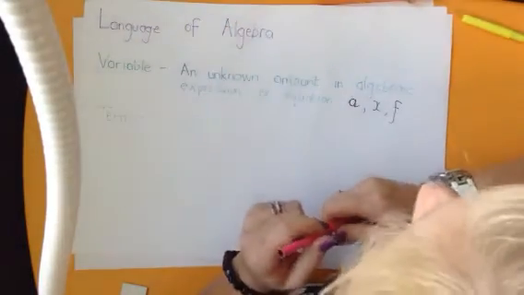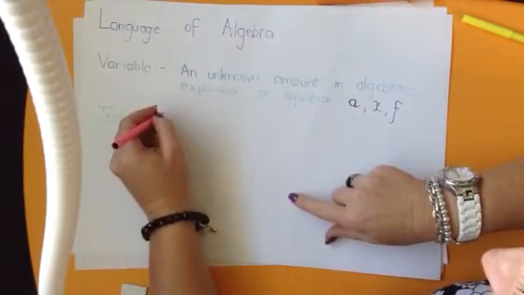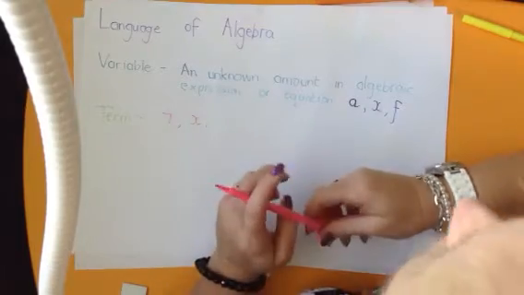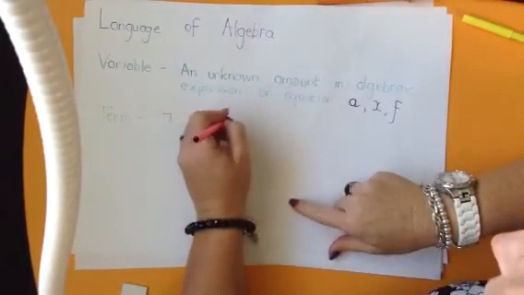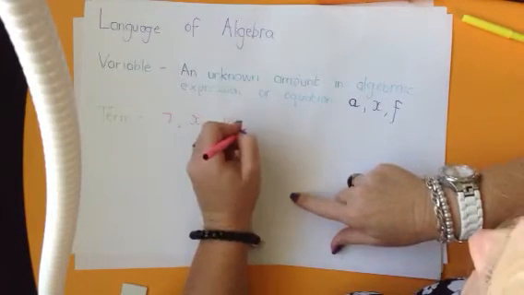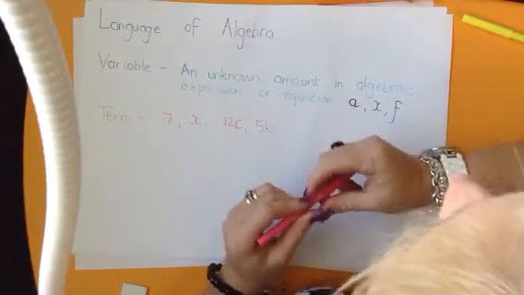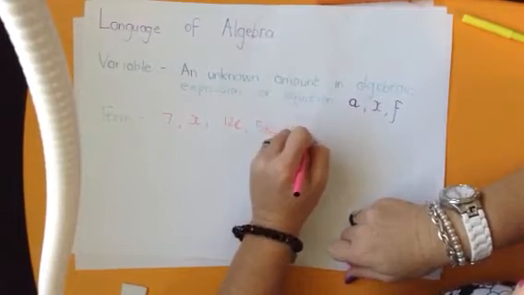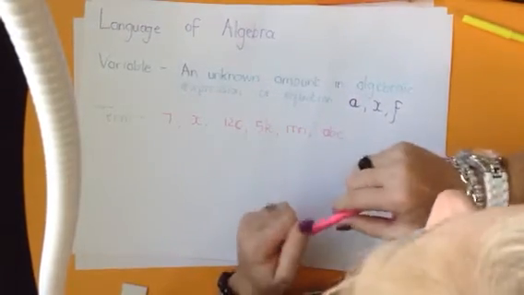A term. A term is a number or a variable by itself. So it could be a 7. It could be an X. Okay. A number multiplied by the variable. So it could be 12C, or it could be 5K. Okay. Different variables multiplied together, it could be M and N, it could be A, B, C, okay?